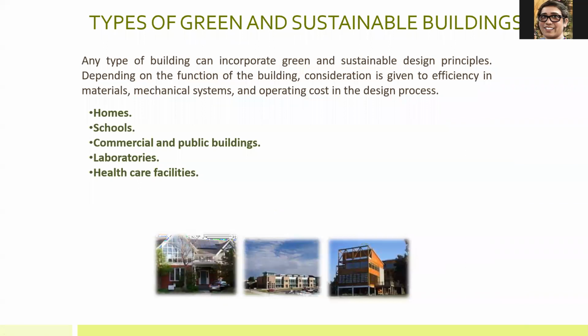Types of green and sustainable buildings, we have homes, schools, commercial buildings, public buildings, laboratories, healthcare facilities. Those buildings are aiming for green and sustainable, no? Commercial and public, gagawin natin, our plate will be an office building, no? So that is under these commercial and public buildings.